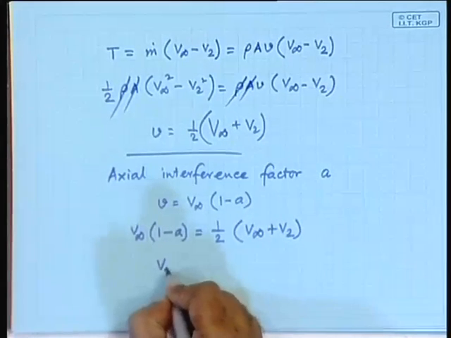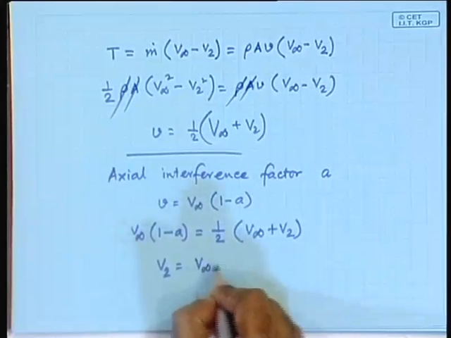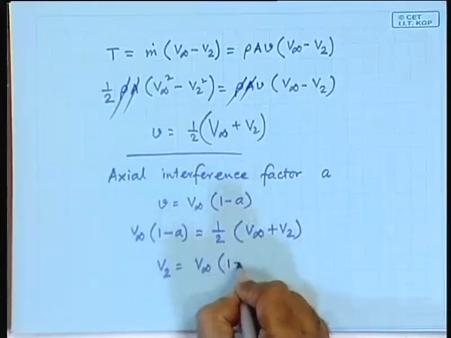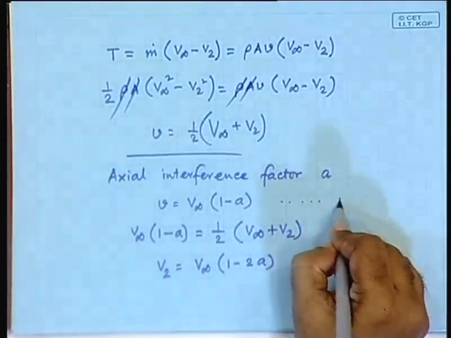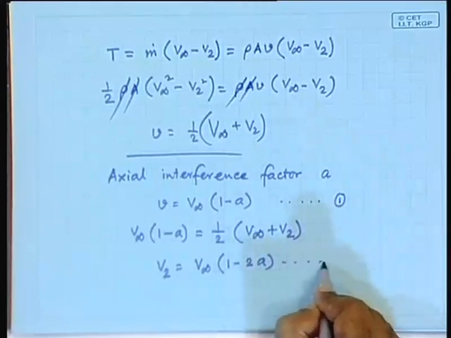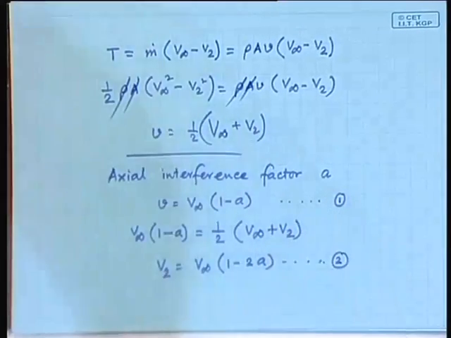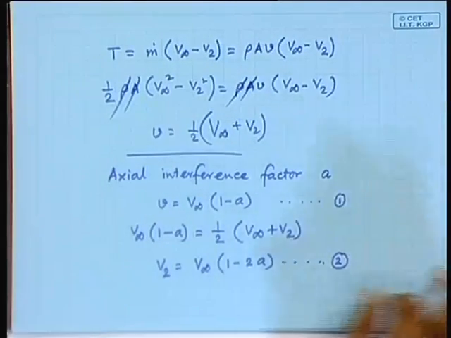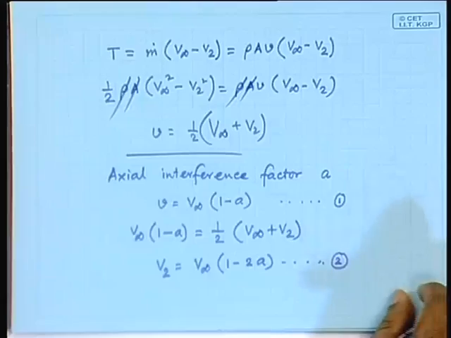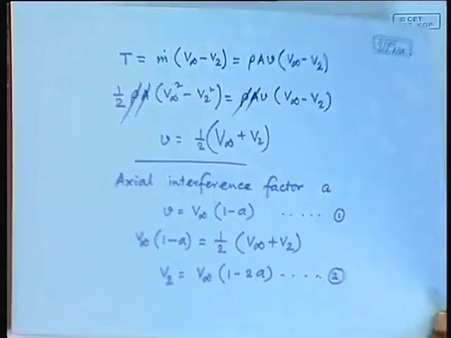So, you get V2 is equal to V infinity into 1 minus 2A. Okay. So, we have expressed small v in terms of A, and V2 in terms of A and V infinity, of course. V infinity is something that is not in your hand. Fine.